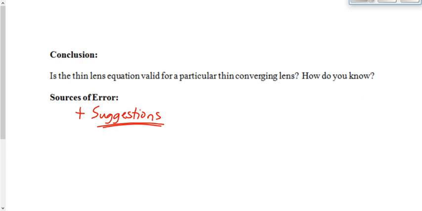The equation for percent error is, this doesn't go with conclusion, right? This goes with analysis, but the question was just asked here. The percent error is actual minus theoretical over theoretical.